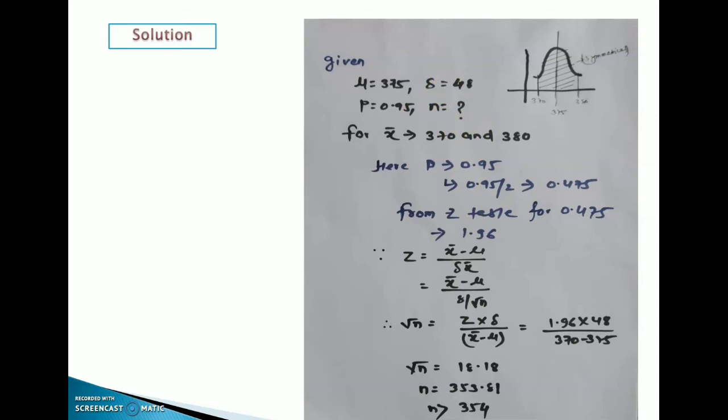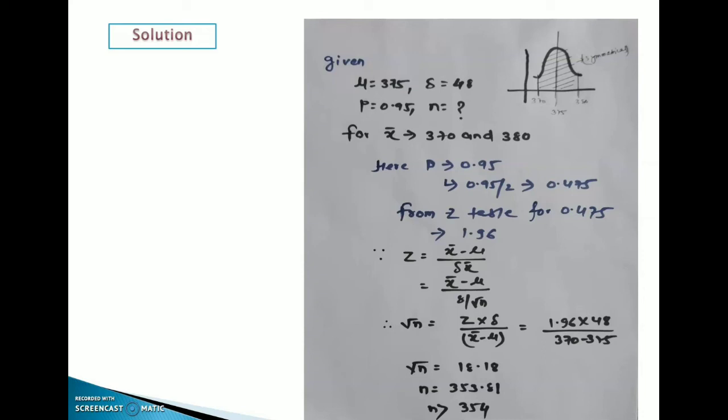Just pay attention to the figure, that is an inverted bell. See, the mean is given as 375. The mean of 370 and 380 is obviously 375. So this is a symmetrical distribution, and in a symmetrical distribution each part is divided equally, so the probability must be equal on both sides.